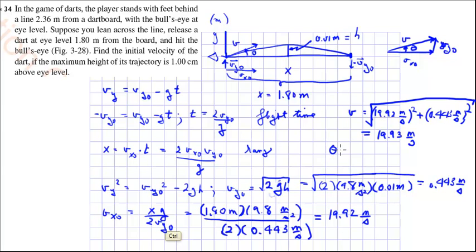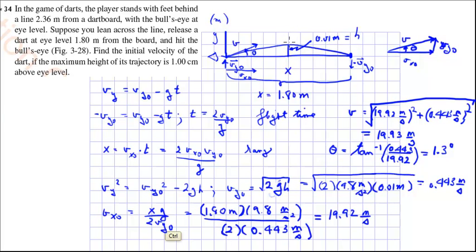So theta is equal to the inverse tangent of 0.443 over 19.92. Punch that in on the calculator. 1.3 degrees.